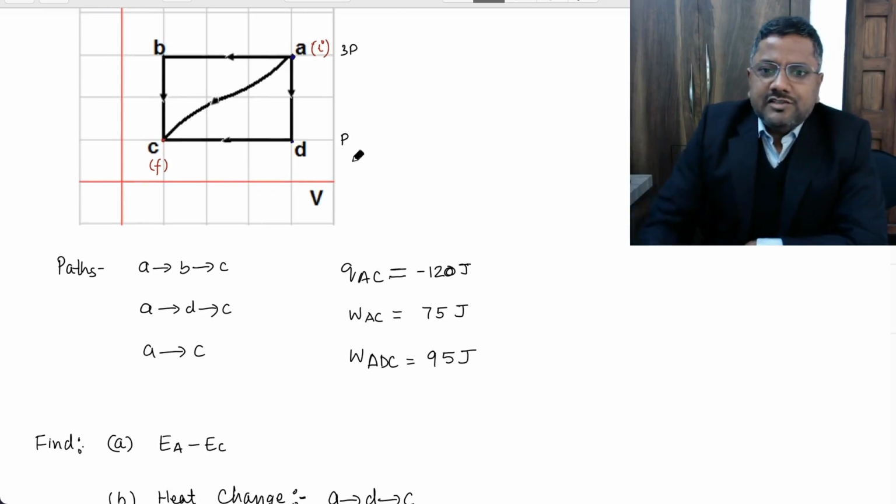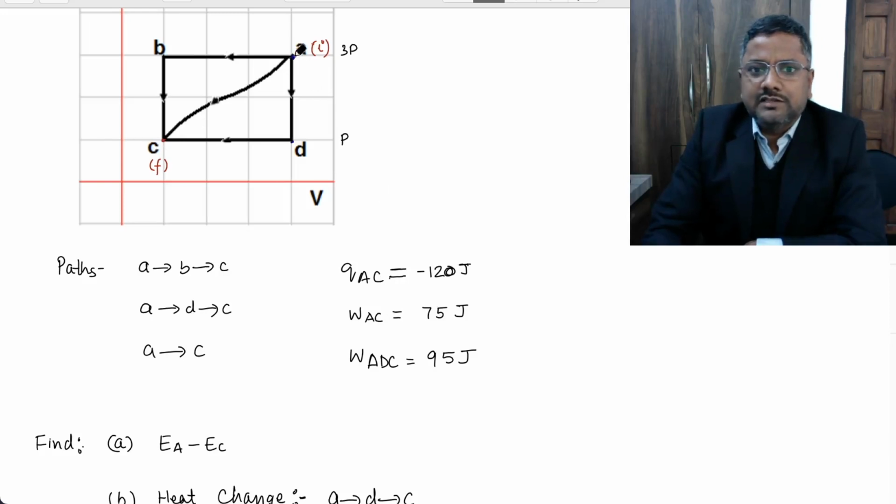Some information is given: QAC, from here to here along this path, the heat change is given. WAC, the work involved along this path A to C, is given. WADC, the work along ADC, is given. What they have asked: first, delta E of A to C, the change in internal energy from here to here.